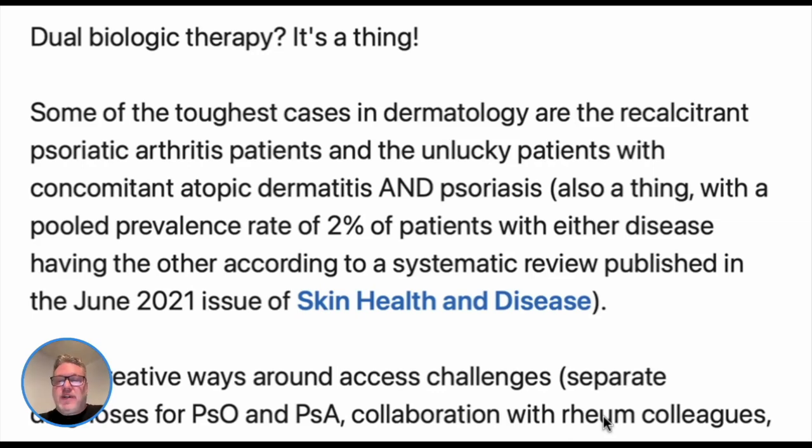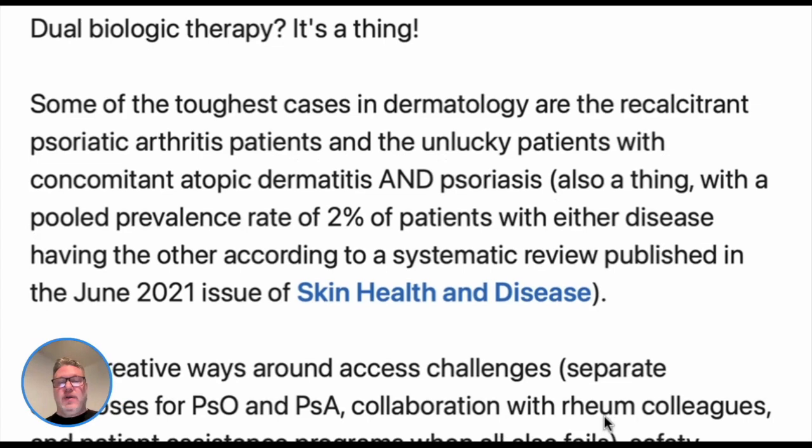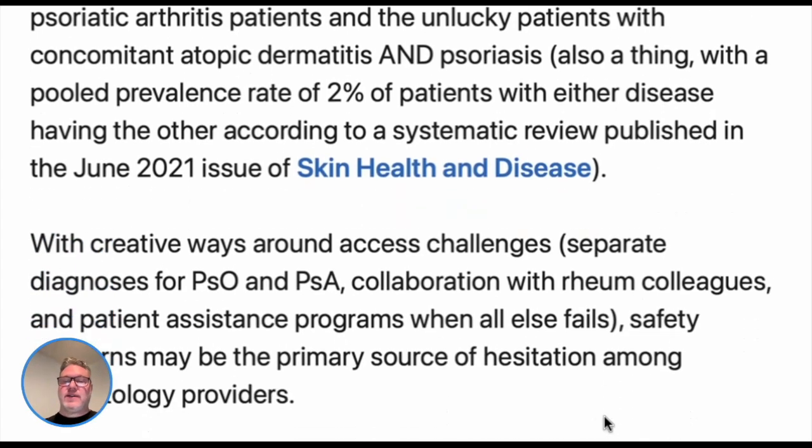We didn't used to think so in dermatology, but I found data to show that there is a pooled prevalence rate of 2% of patients with either disease having the other disease, according to a systematic review published in the June 2021 issue of Skin Health and Disease.